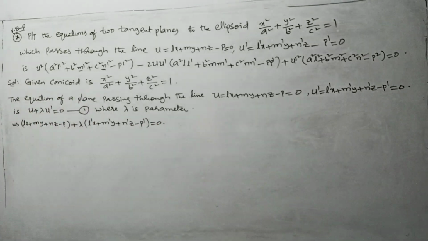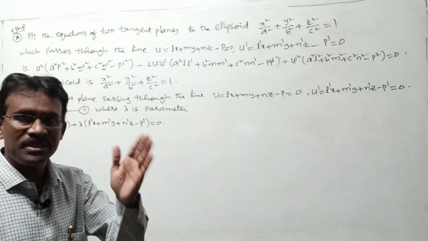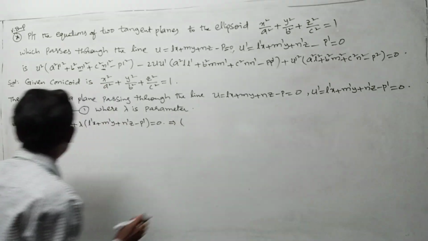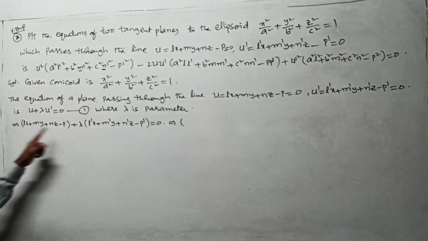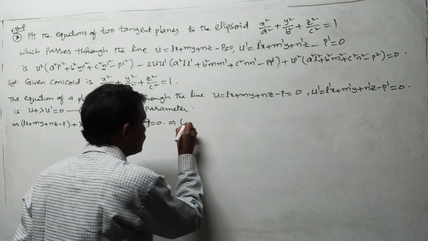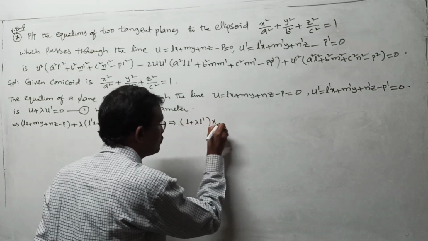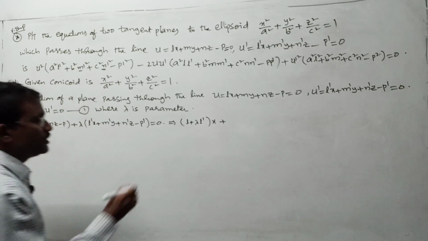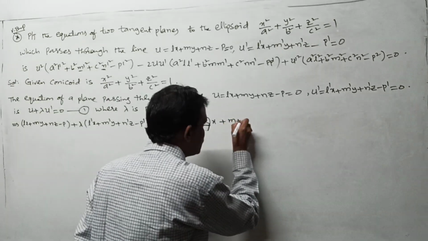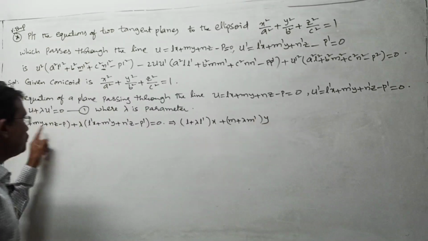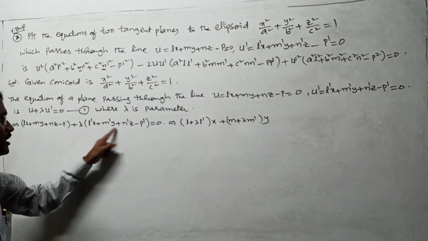Right? Now write this in the proper plane form like Lx plus My plus Nz equal to P. For that, first of all, I want to write the X coefficient: L plus lambda into L dash x. Next, Y coefficient: M plus lambda into M dash y.